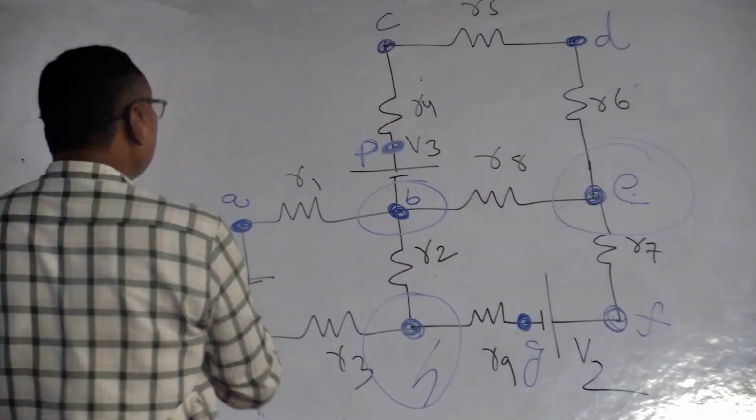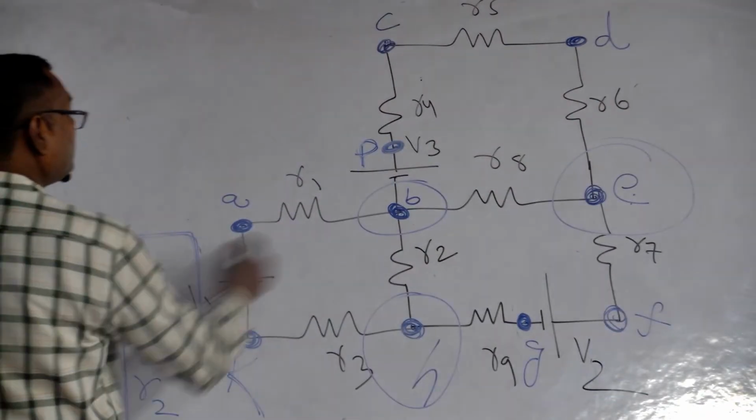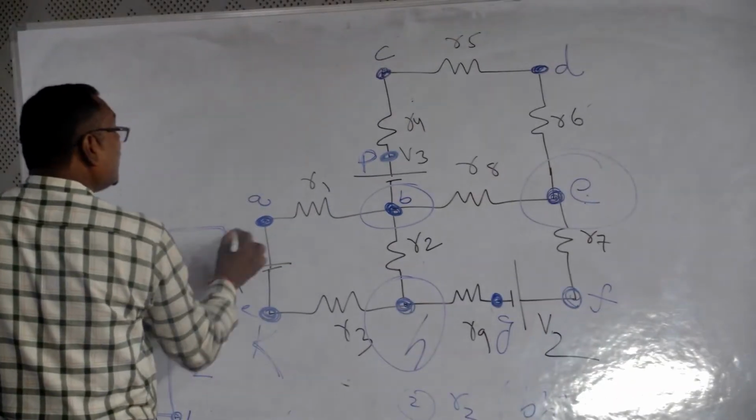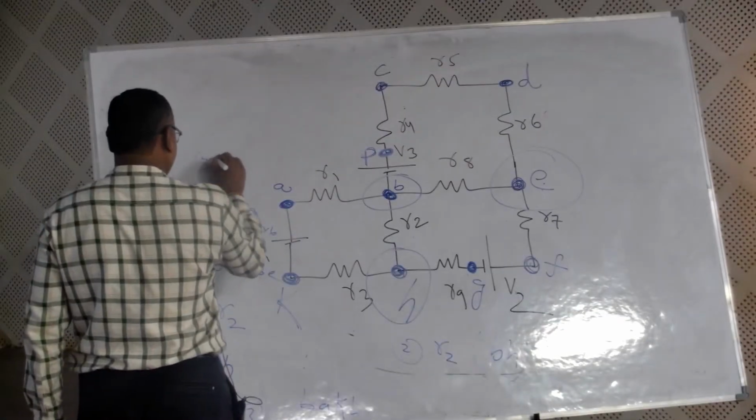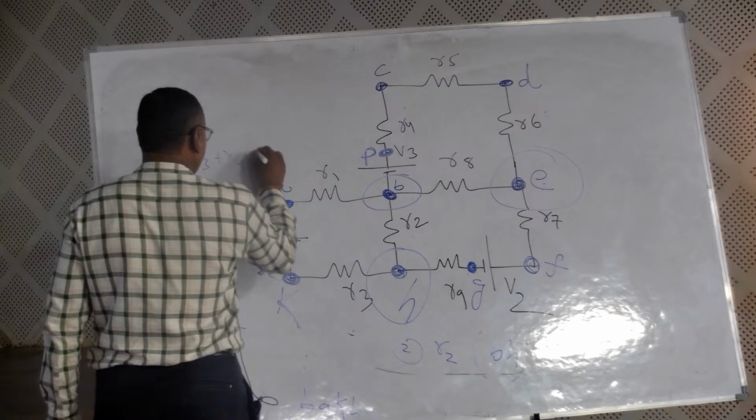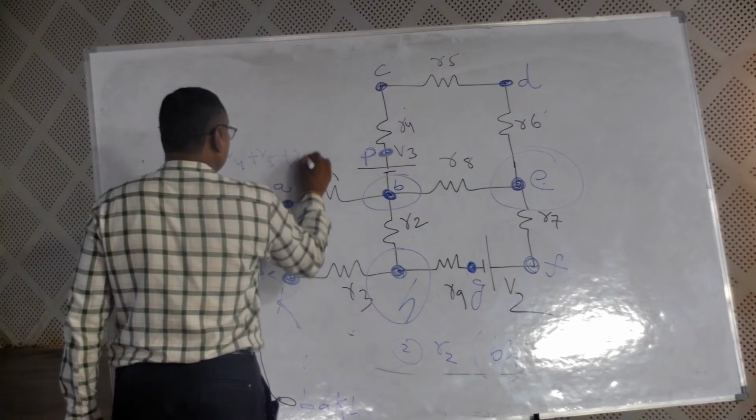So what are the elements present here? V3, R4, R5, R6. So the answer is V3 plus R4 plus R5 plus R6.